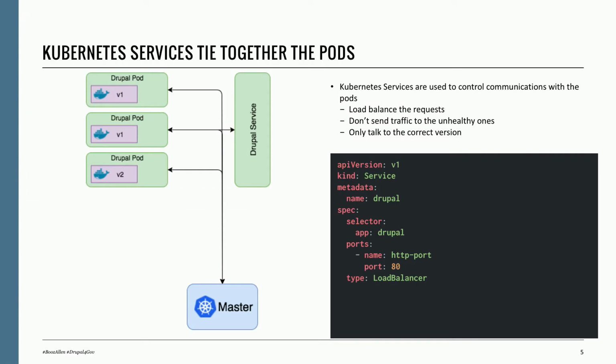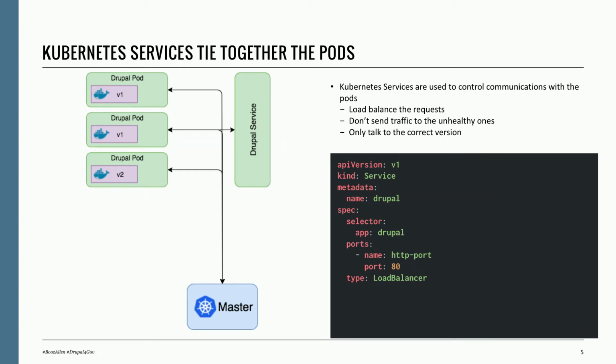It's basically the external view of all the pods. If I want to talk to Drupal, I just say, hey, Drupal service, give me this page, or do whatever. And the service looks at it, says, okay, this is the version you need to talk to. It'll behind the scenes send the traffic to the right pod, get the information back, spit it back to you.